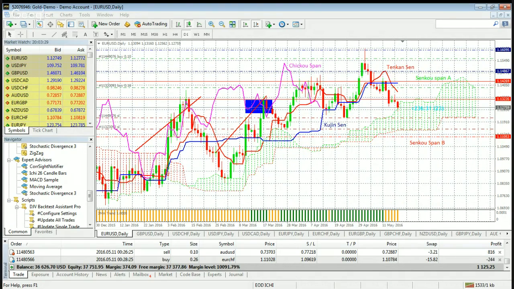Well, firstly, if it does get into the cloud, then with tomorrow opening, we're going to see it inside the cloud if it stays the way it is. And the big thing is that we're most likely going to see some consolidation, some sideways movement, continuing to faff around in the cloud.